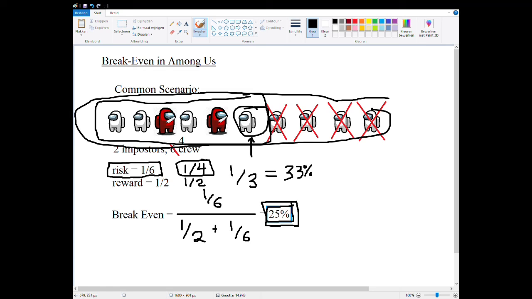The imposters could still get a couple double kills and win the game after one round of voting. So this simple break-even formula doesn't take that into account, and because of that, it's flawed, making it seem that voting is the right play basically every time, even though sometimes it isn't, which leads us to the next part.